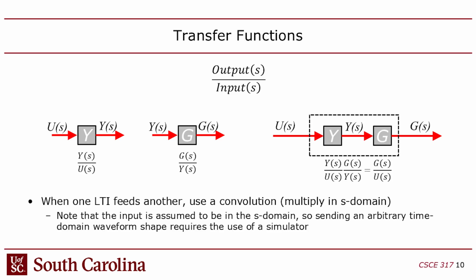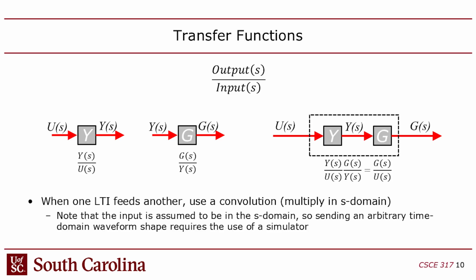Right, so for controllers, what you're doing is you're taking the plant and modeling that as a transfer function. Now that might be unstable, it usually is. The plants are usually unstable. But then you take your controller and you model that as a transfer function, and then you mash them together by multiplying them.